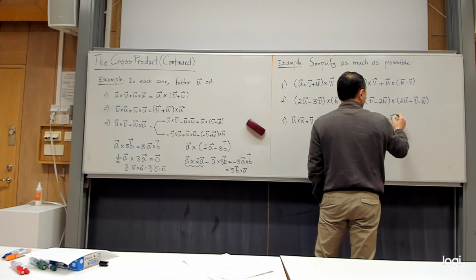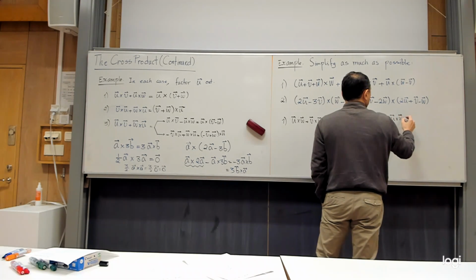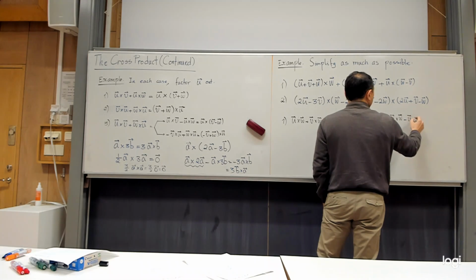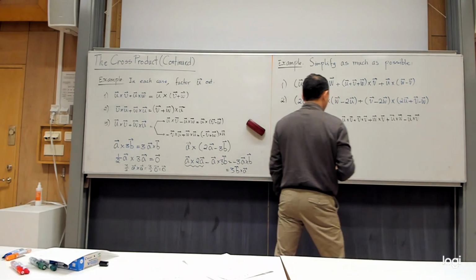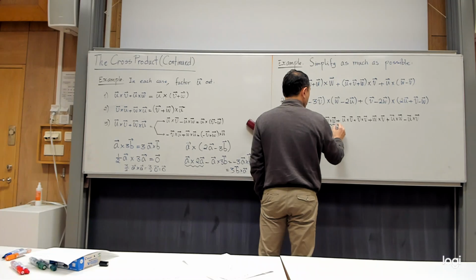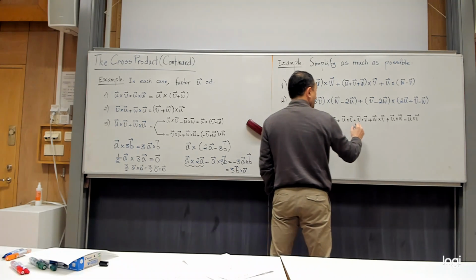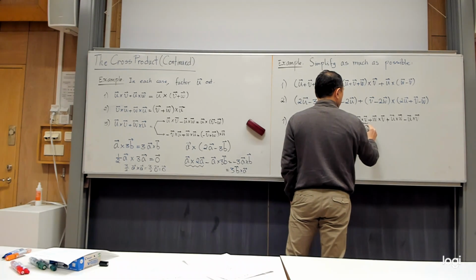It becomes U cross W minus U cross V. Yes? Of course, this one is the zero vector.